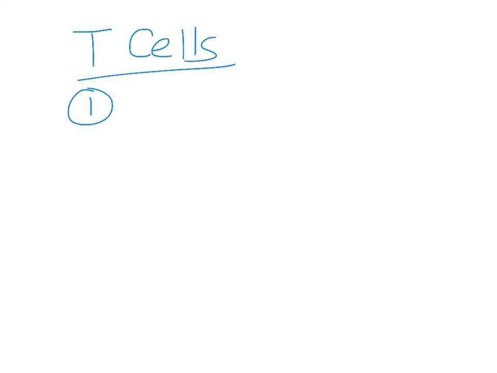Let's look at T cells to begin with, all right? Because T cells are going to become activated first. There are several different types of T cells that we're going to see, and I'm going to mention them as I go along. But the T cells have to be activated before they can even do anything. In order for them to be activated, they first have to have another cell present the antigen to them, because T cells can't respond to anything in the interstitial fluid.